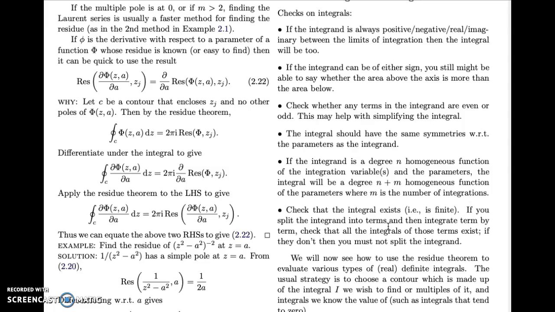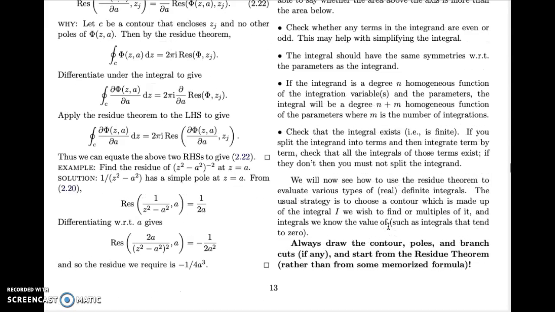Okay, so I'll now go into the strategy we're going to be using for the calculus of residues. We now see how to use the residue theorem to evaluate various types of normally real definite integrals.